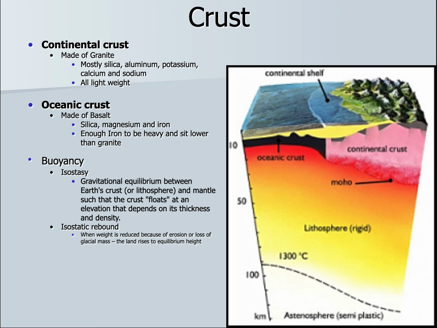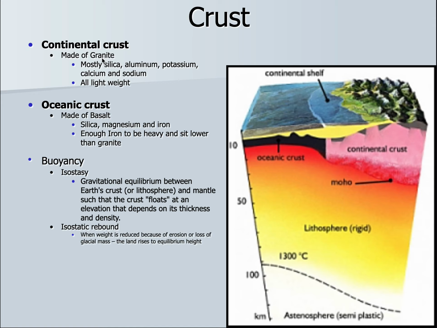So of that material, the continental crust is mostly made up of granite. All right, there's other components I know. There are sandstones and mudstones and schists and gneiss and all sorts of rocks that are on the surface of the earth, but the vast majority is granite, all right?